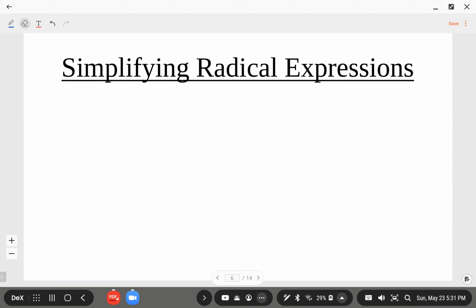So let's take a look at something a bit more complicated, but not the hardest we are going to do. 10n squared over 5n to the fourth. All right. Who can do this problem? Who can do this problem?